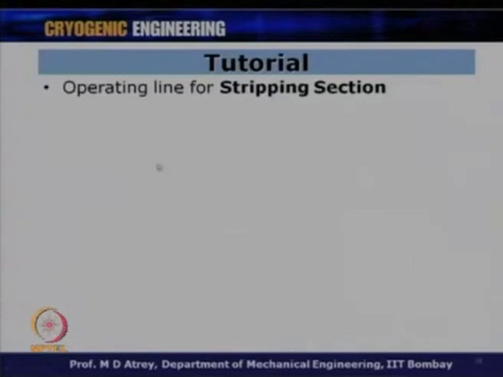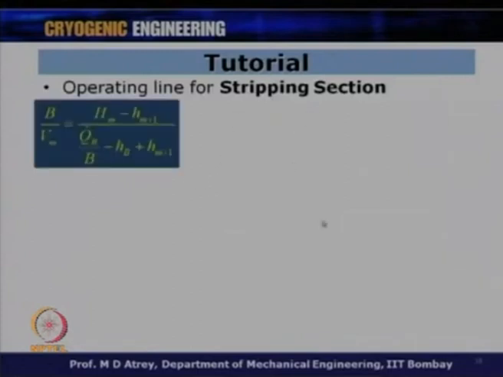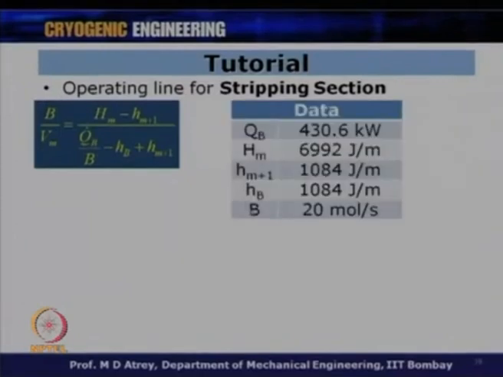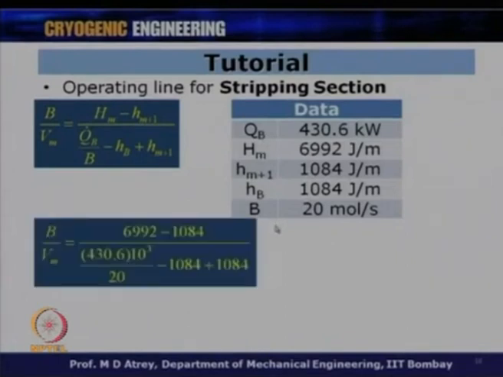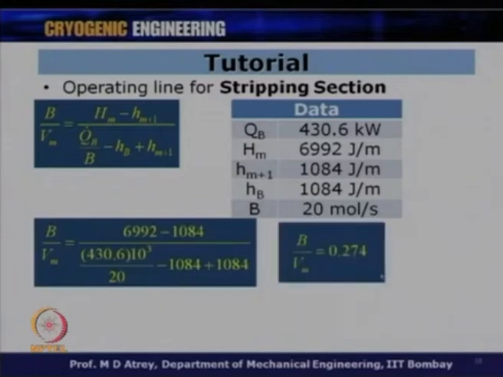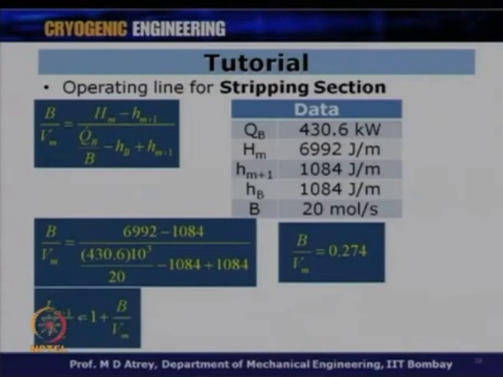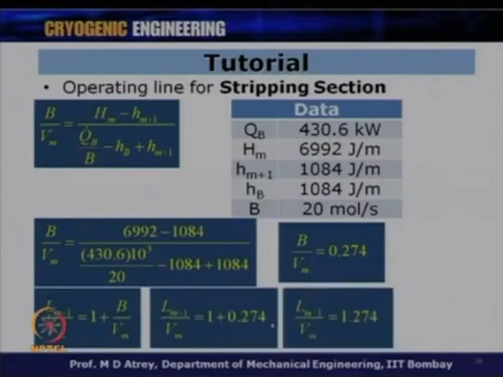Having done this, now I would like to do the same thing with the stripping section. So, operating line for stripping section, for which I will have to calculate B by Vm now. Put all those values which we have just calculated, QB, enthalpies, B, etc. Put these values over here, calculate B by Vm, B by V has come out here. Corresponding to that, find out Lm by Vm, which is nothing but the slope of the stripping section. These are all calculations now.